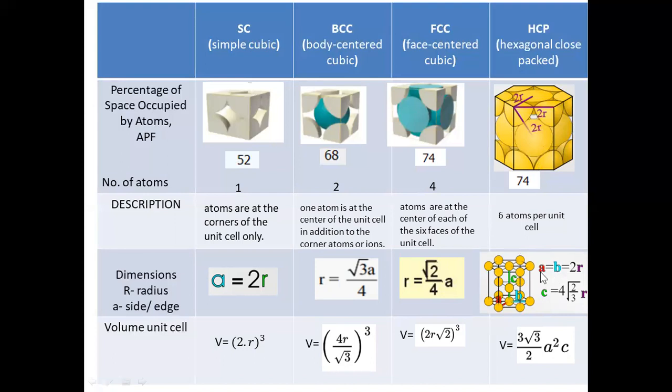So a and b are equal to twice the radius r. To solve for the height c in terms of radius, c is equal to (4 square root of 2 over 3) r. To calculate the volume of HCP, V would be equal to (3 square root of 3 over 2) a squared multiplied with height c.